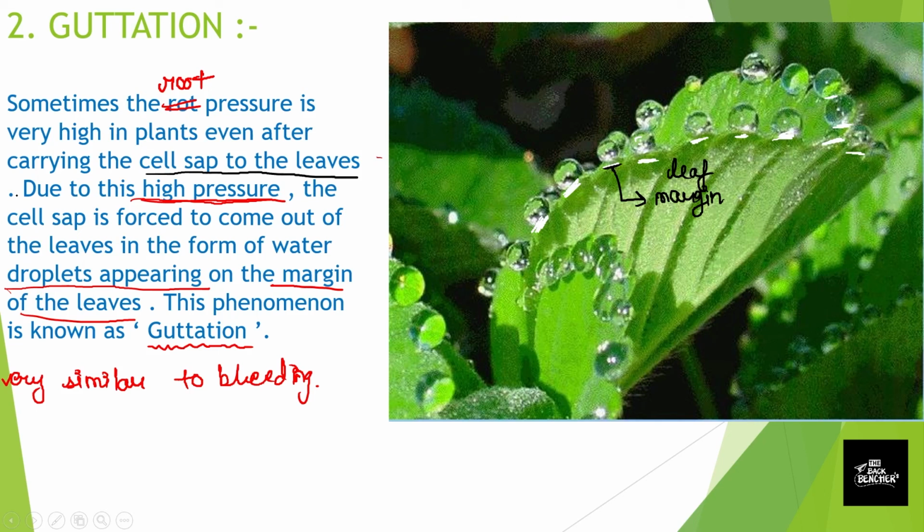And due to that high pressure, excessive water is pushed out of the leaf cells in the form of water droplets, and the water droplets appear on the margin of the leaves. This phenomenon is known as guttation.